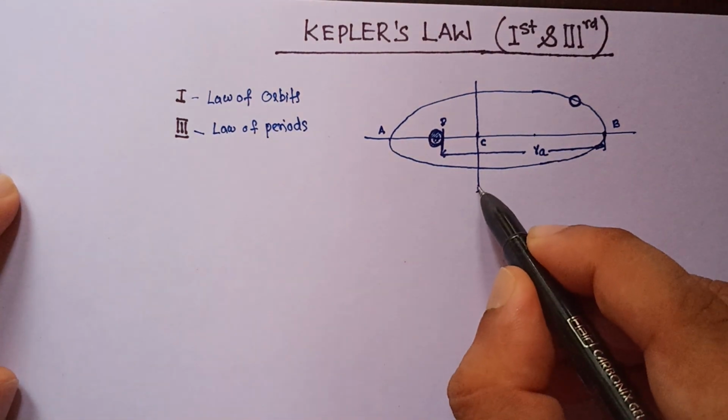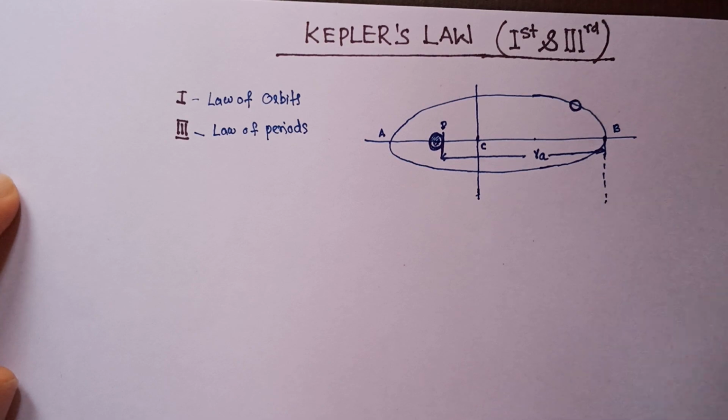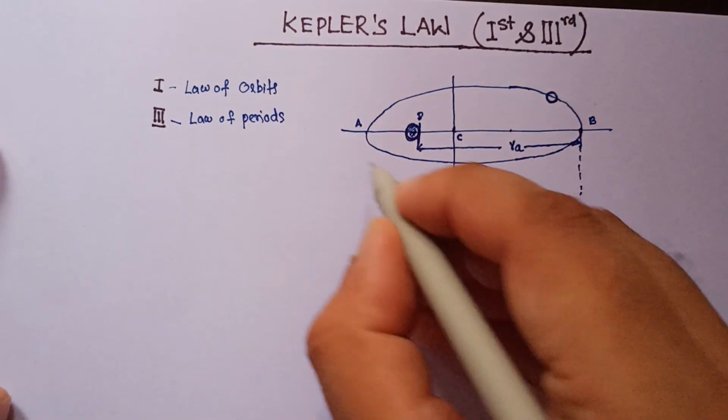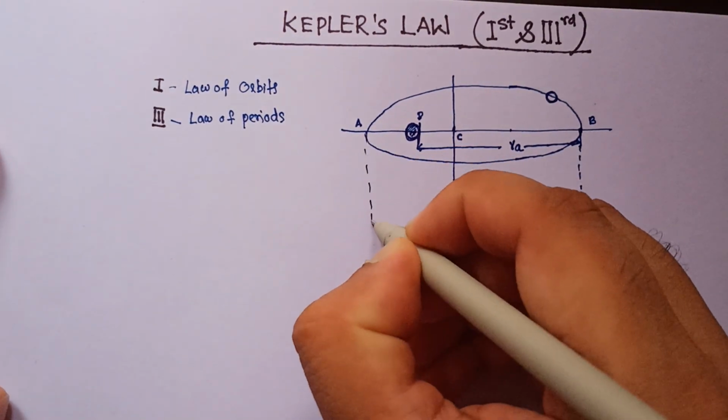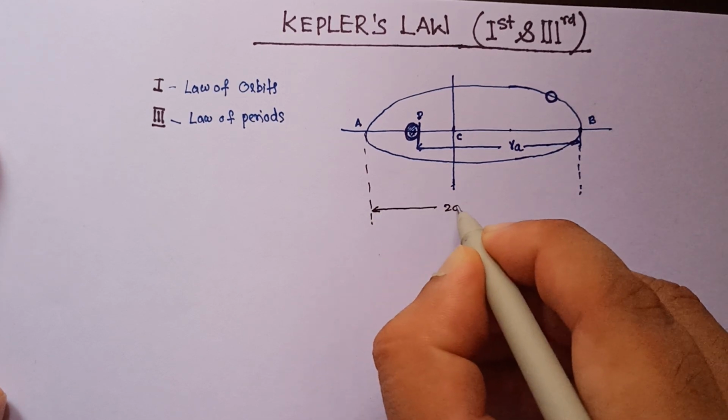According to the ellipse dimensions, the total axis is going to be the major axis. Now we'll describe only the major axis. Let's say this is 2a.